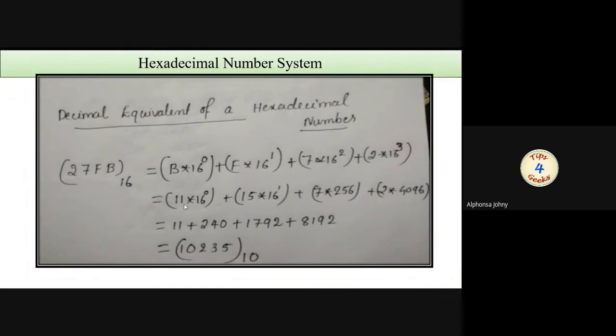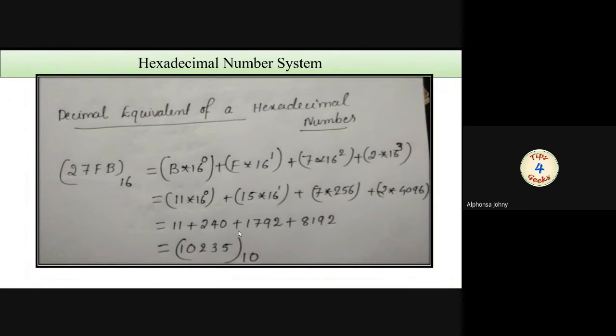Next, we can simplify. Since A is equal to 10, B is 11. So B can be replaced with the number 11. So, 11 into 16 raised to 0 plus the letter F is replaced with the number 15, 15 into 16 raised to 1 plus 7 into 16 square, that is 7 into 256, 1792, plus 2 into 16 cube, 2 into 4096.